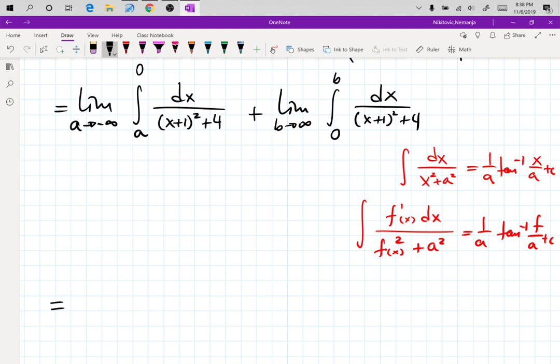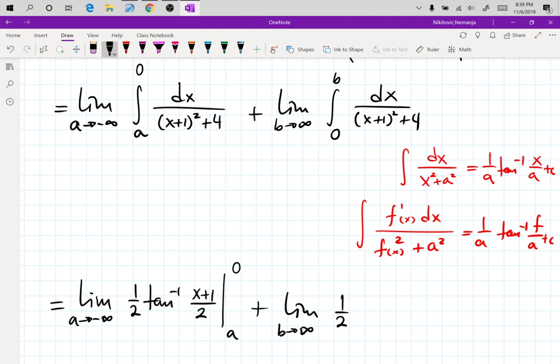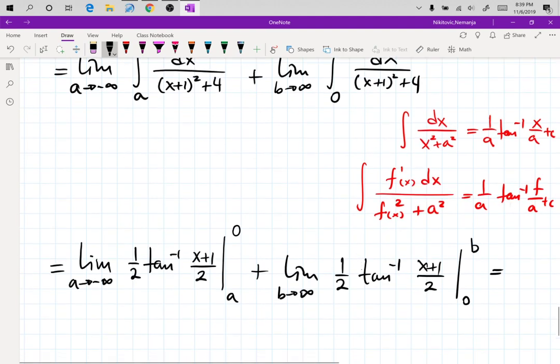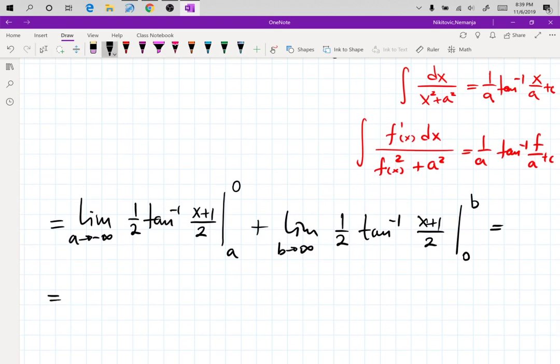So, all right, let's go. Limit as a goes to negative infinity, and now we have to take our 1/2 inverse tangent of (x plus 1) over 2 computed from a to 0, plus limit as b goes to infinity of 1/2 inverse tangent of (x plus 1) over 2 from 0 to b, equals the limit, and all of these things, 1/2. Good.